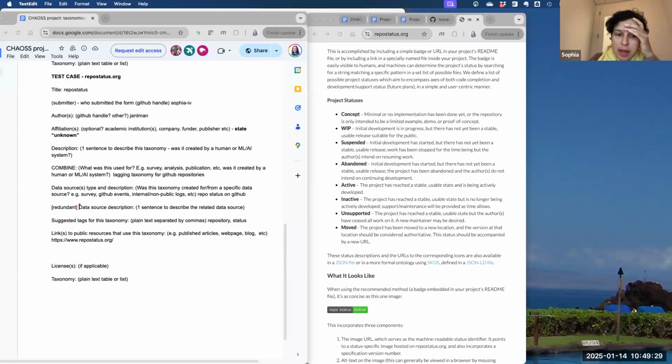I guess the thing that I'm struggling with, when I originally wrote it, I was thinking I have a taxonomy I wrote for survey. So the data type would be survey data, but then the data source description would be a survey of project maintainers. It would have a little more detail, but I see how that's a little bit redundant in nature. So we could possibly combine those two things.